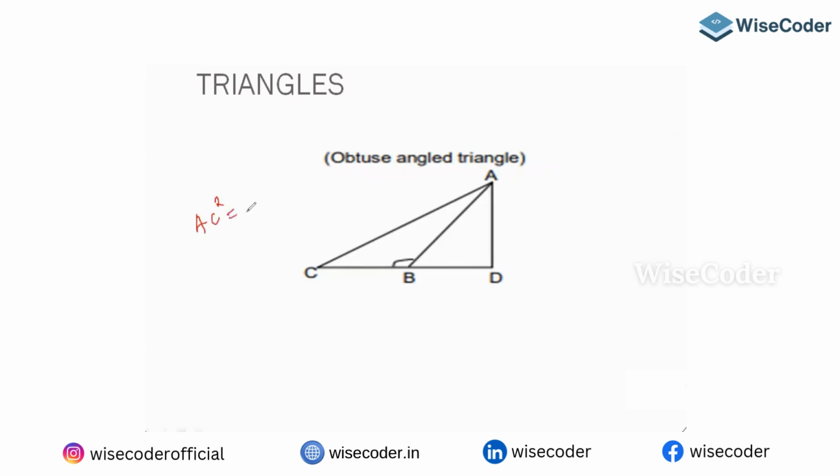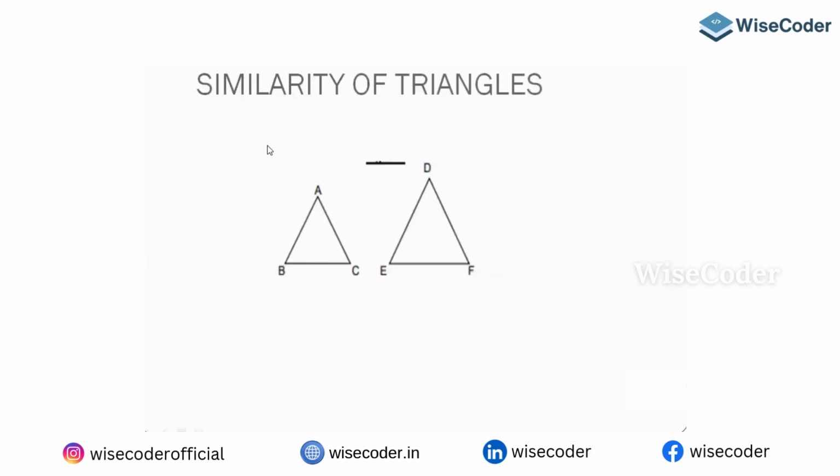What I mean by this is AC square is equal to AB square plus BC square, and initially we subtracted, now you have to add 2 BC into BD. So this is the projection of the second side on the first side. This is your obtuse angle triangle. Okay, and if we go further, we'll understand what actually these two things are.